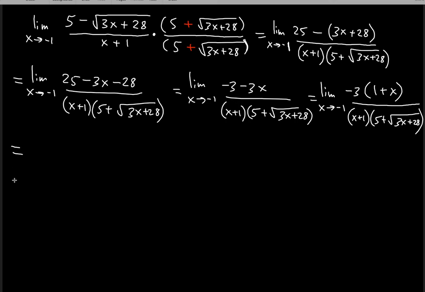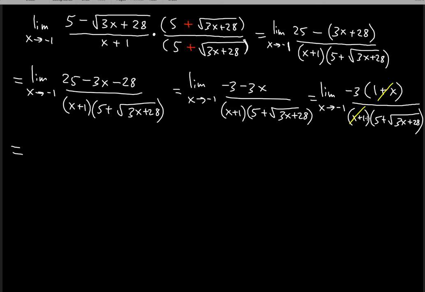Okay, and now guess what happens? The 1 plus x cancels out with the x plus 1 there. And that's the reason why I asked you not to distribute, to leave it alone in the bottom, because you would need that. 1 plus x cancels out with x plus 1. And notice that addition is commutative, right? You can add terms in however order you like. You can write 1 first, you can write x after, you can write x first, you can write 1 after.